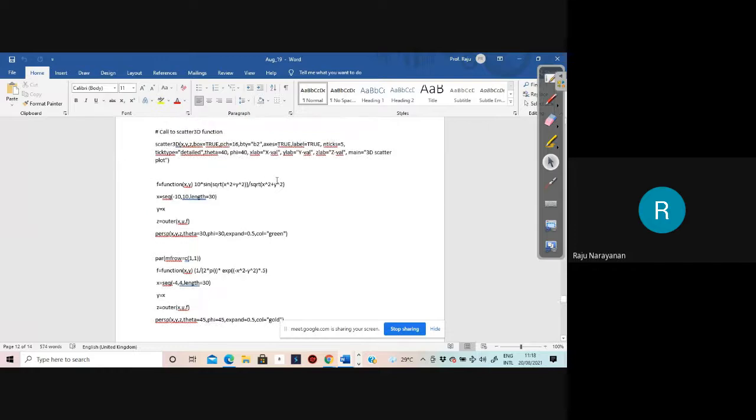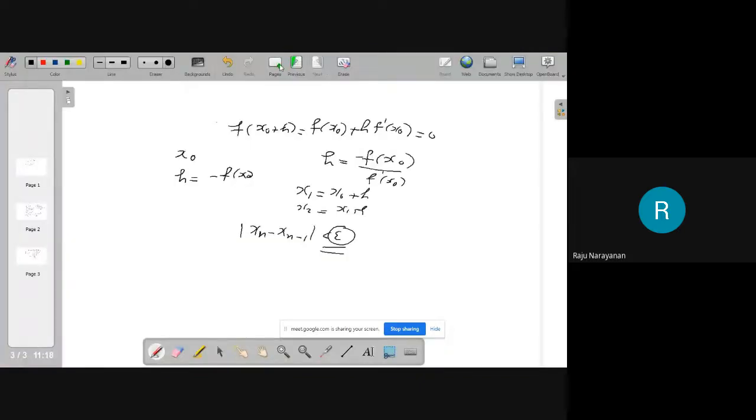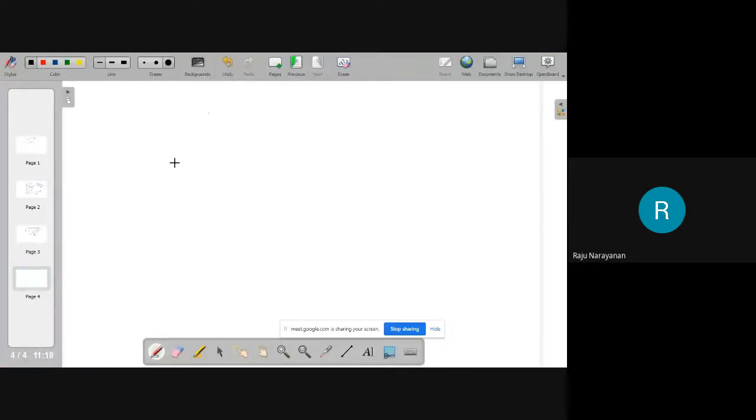Yeah, one more thing I will do, and this one is very, very important for statisticians. Bivariate normal, f of xy is equal to 1 by 2 pi into e raised to minus of x square plus y square, minus infinity less than x less than infinity, minus infinity less than y less than infinity.